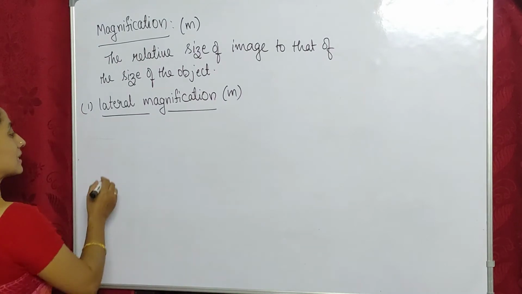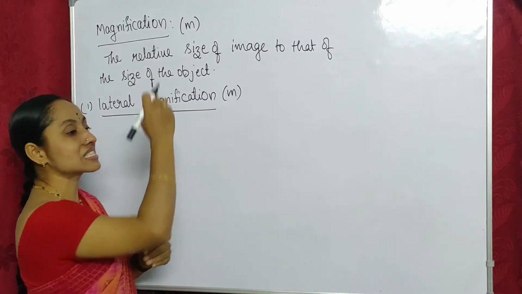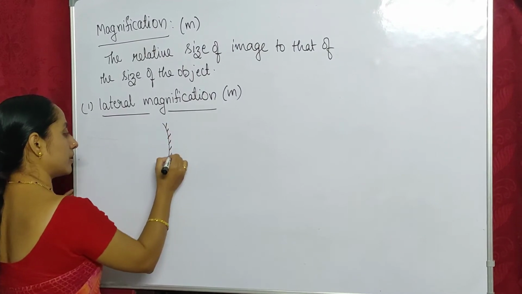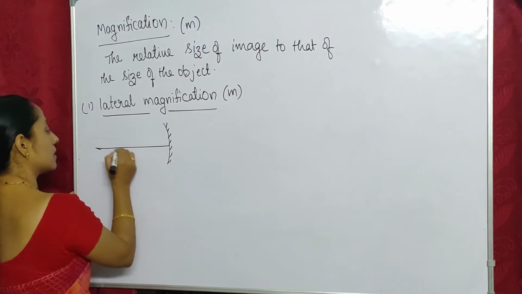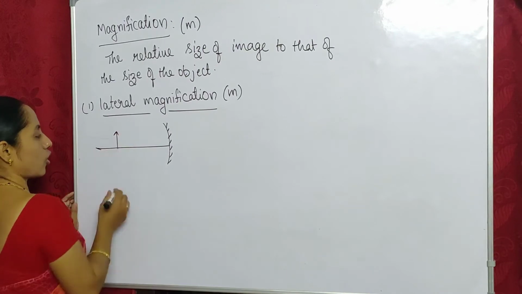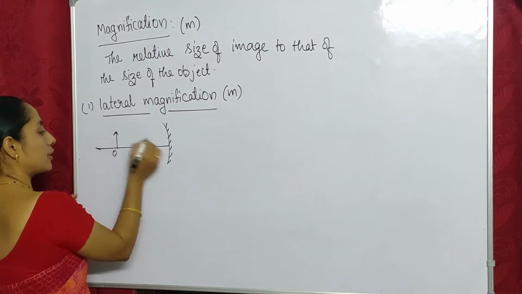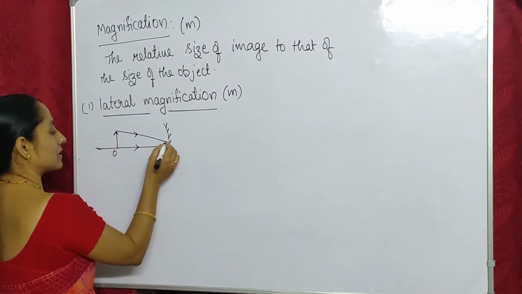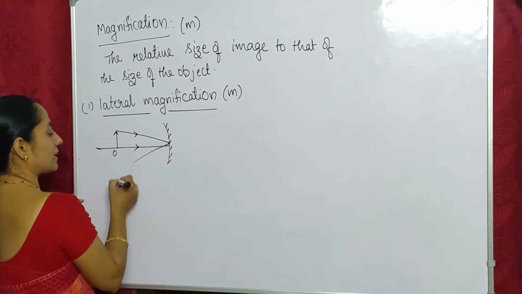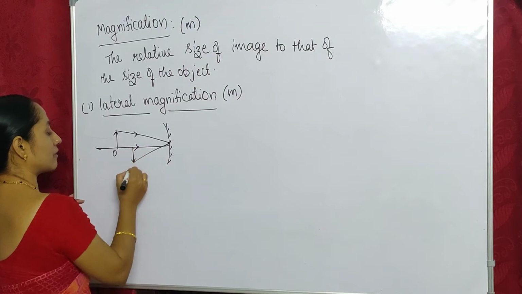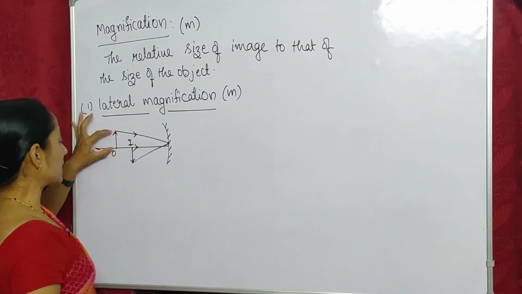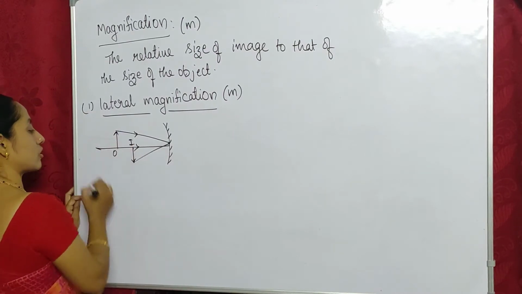Now what is this lateral magnification? Lateral meaning sidewise. So here if I consider a concave mirror, principal axis, somewhere here there is an object, this is the object, and due to the object, let us consider this is one incident ray, another incident ray. So the light ray is coming, somewhere here we can find the image. We can compare the size of the object with the size of the image.